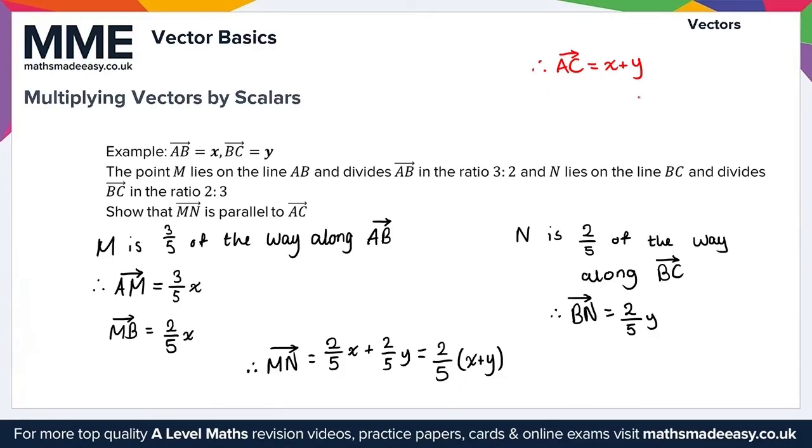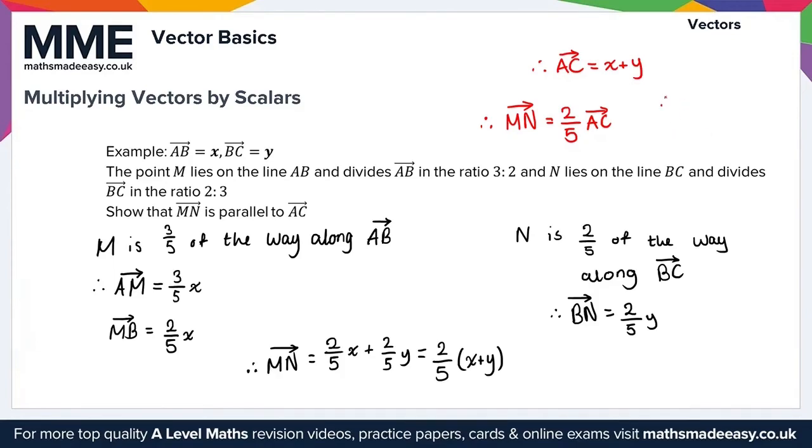So in that case, what we can see here, that 2/5 of x plus y is equal to 2/5 of the vector AC. So therefore, the vector MN is equal to 2/5 of the vector AC here. Okay, and in that case, it shows that the vector MN is parallel to the vector AC.